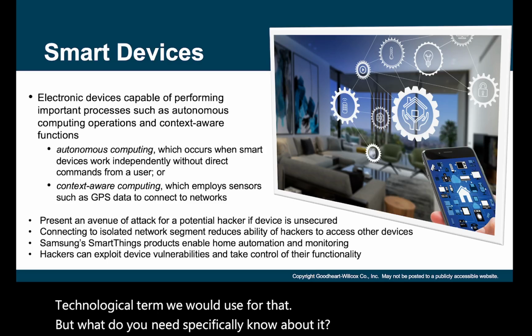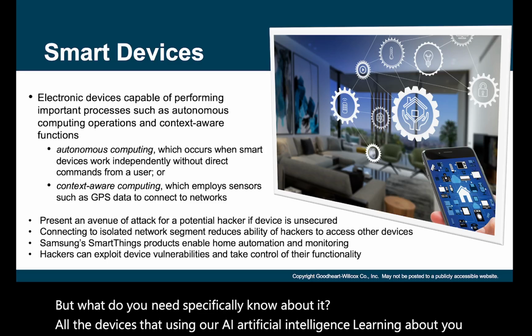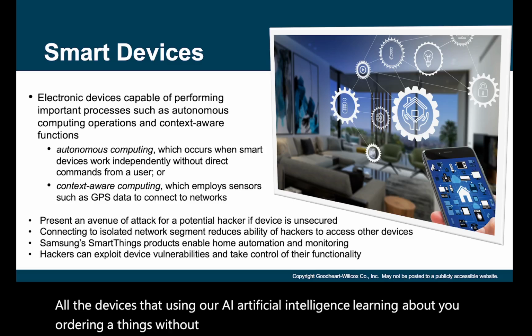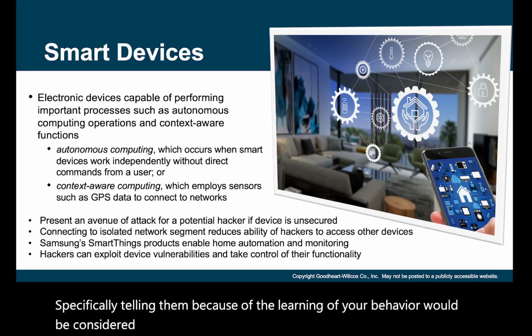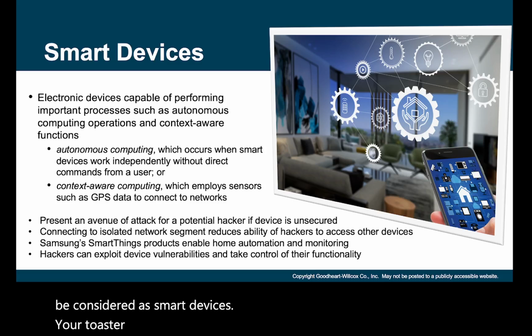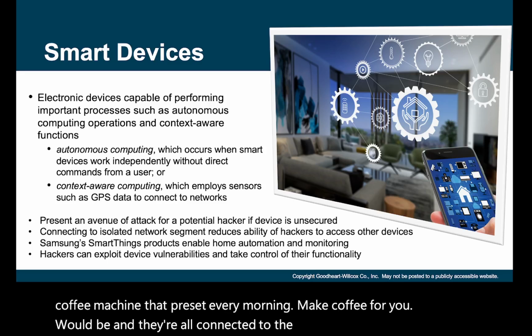That all the devices using AI, artificial intelligence, learning about you and ordering things without you specifically telling them, because of the learning of your behavior, would be considered smart devices. Your toaster that you can preset every morning to make toast for you, your coffee machine that is preset every morning to make coffee for you, and they are all connected to the network. They are all part of the smart devices network.